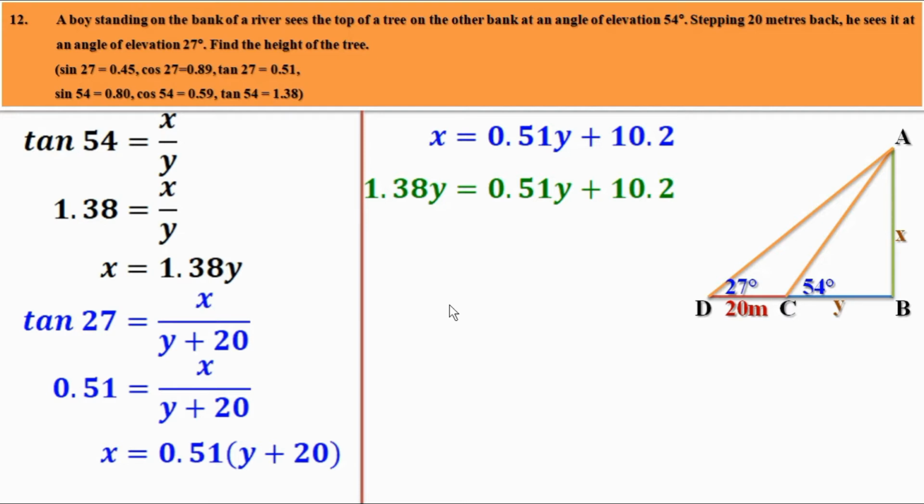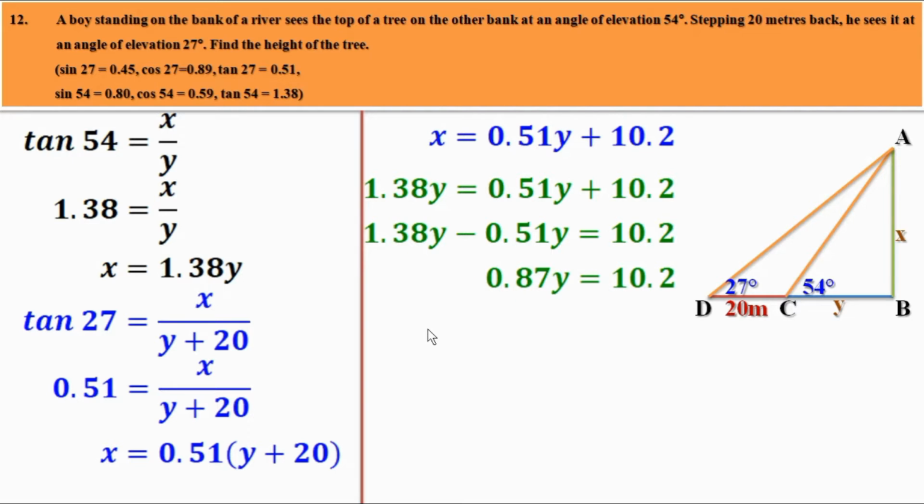Taking 0.51y on the other side, we can write 1.38y minus 0.51y equal to 10.2. Subtracting, we will get 0.87y equal to 10.2. Taking 0.87 on the other side, we can write y equal to 10.2 divided by 0.87.